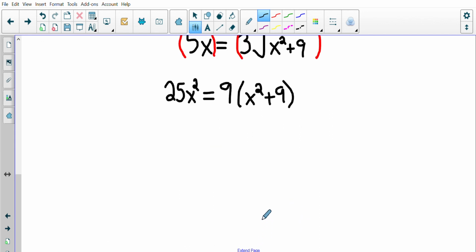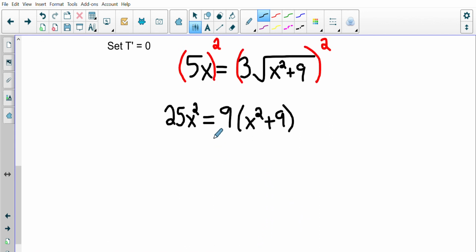Continuing to simplify, there are a lot of different ways I could do this. Might as well expand that 9. I still have my 25x squared equals 9x squared plus 81.